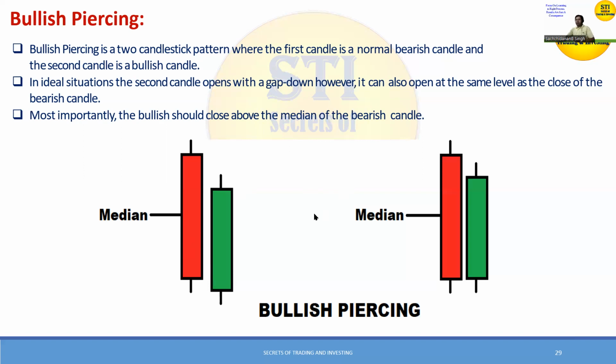When we learn about the implementation, along with the candlestick pattern we are going to apply a few more concepts together. But in this one, if we find such a formation, typically when the price is falling down and down and then shows this two-candlestick pattern, we can think that from now onwards it is going to be a bullish market, and we may consider entering, getting long, or buying the stock.